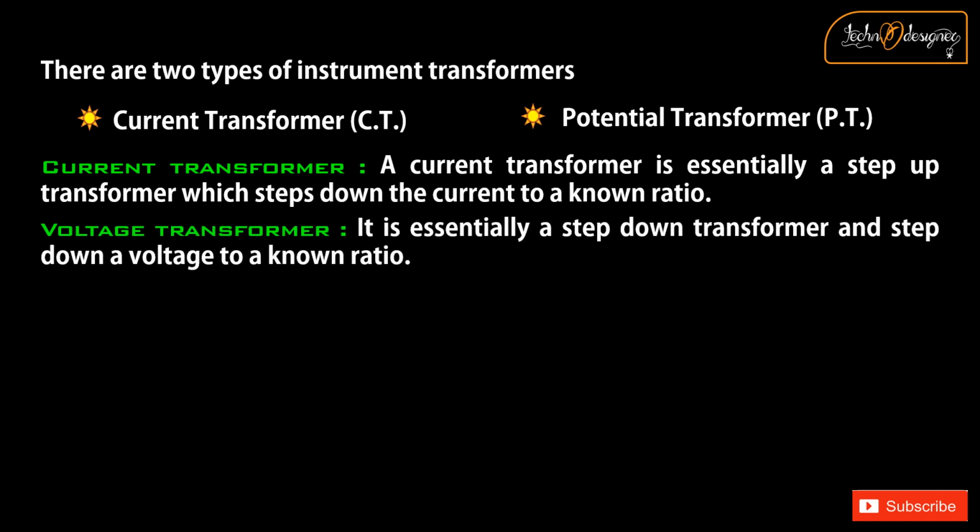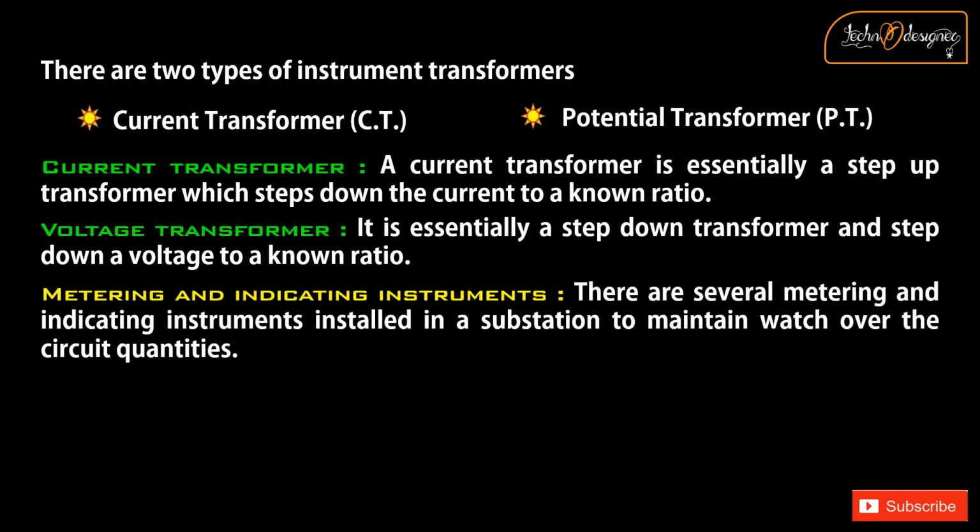Voltage transformer. It is essentially a step-down transformer and steps down a voltage to a known ratio. Metering and indicating instruments. There are several metering and indicating instruments installed in a substation to maintain watch over the circuit quantities.